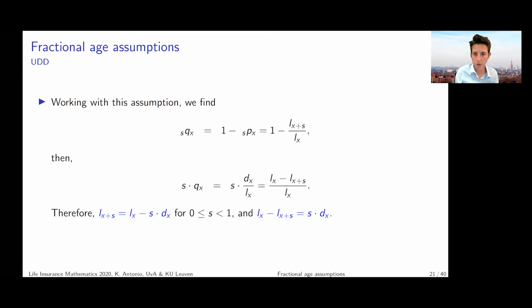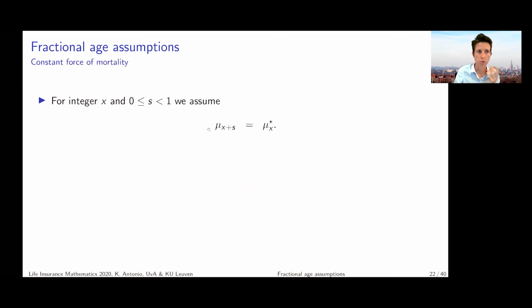Any questions on the transitions over here? And that is the one where we make the assumption of a piecewise constant force of mortality. I must admit that the piecewise constant force of mortality assumption is the one that I use most often in my own research, because if you work with econometric model building, then you're typically going to do that at the level of the force of mortality.